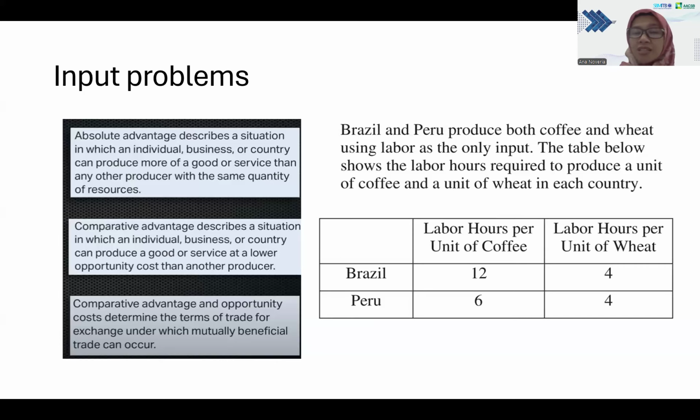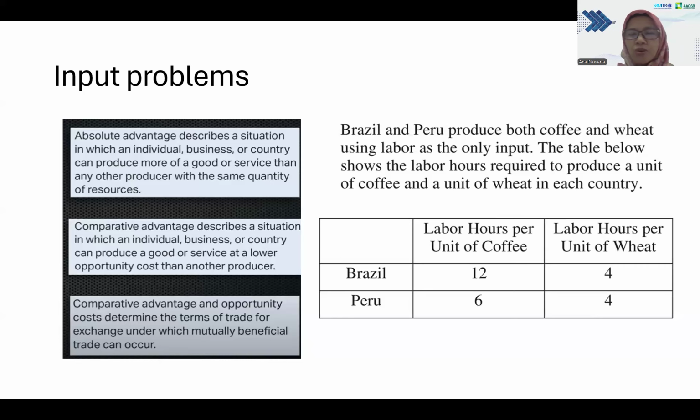So it's something that is comparative, and I will show you later. They can produce at a lower opportunity cost, not at a lower cost, but at a lower opportunity cost than the other producer.